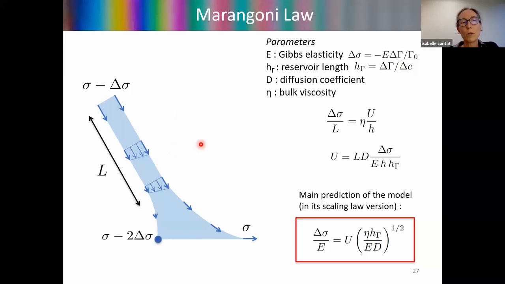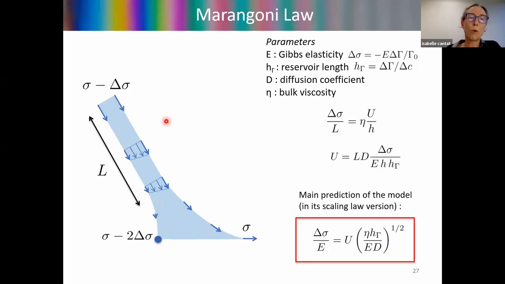An important remark is that this model predicts that the tension field should be something like that. At this point, you have the same tension on both interfaces, and because of the Marangoni law that couples the tension derivative to the velocity derivative, when you increase the tension on this side, you need to decrease the tension on the other side.